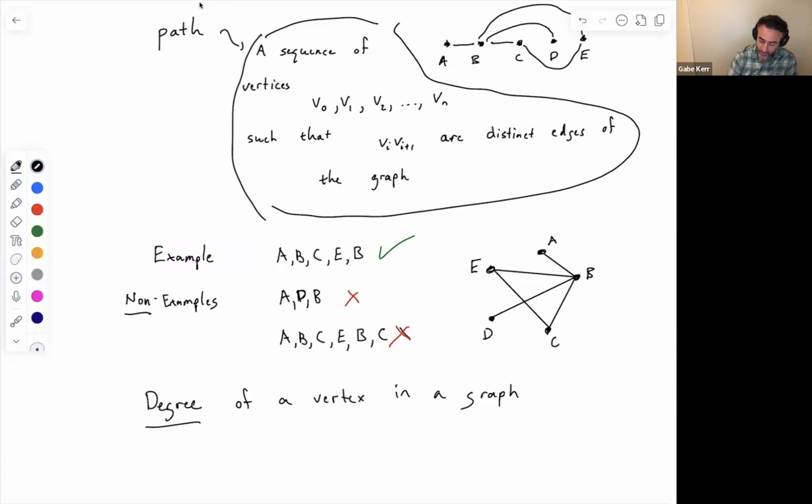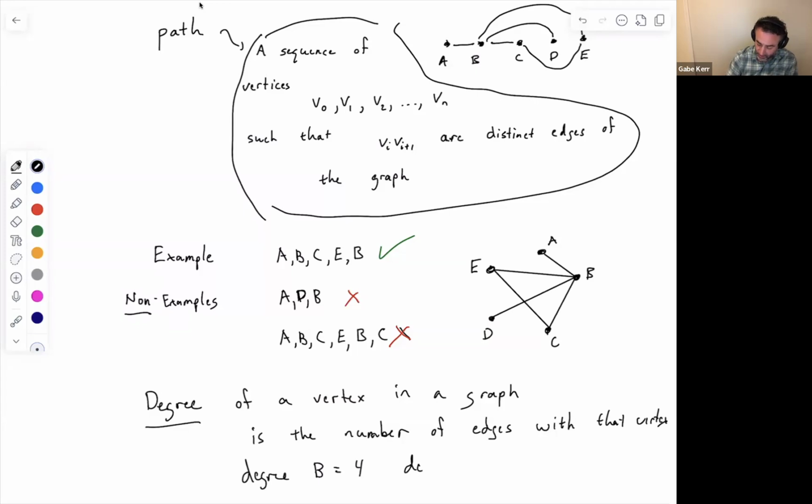So this is what I want to say here: the degree is the number of edges with that vertex. So again, in this case, we would say that the degree of B equals 4.